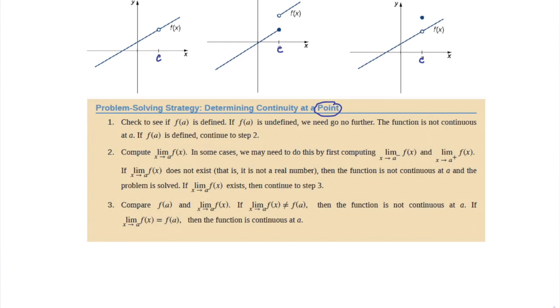If the limit does not exist, then the function is not continuous there and we would stop. If the limit does exist, then we just need to make sure that the limit we find and the function value we found are the same thing. If they're not, then the function is not continuous. If they are, then the function is continuous. So start by checking the function value, then compute the limit, and then see if they're the same thing.